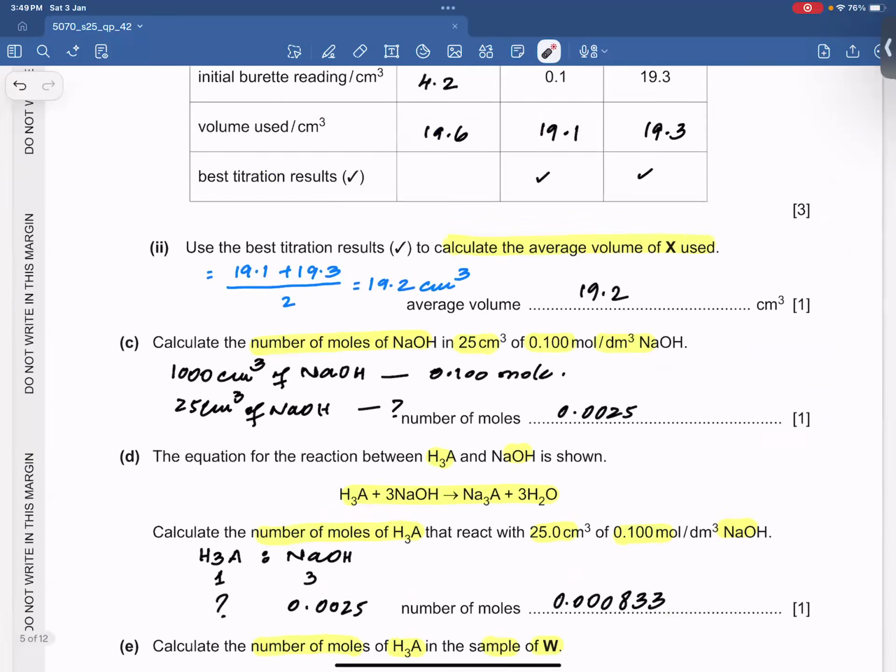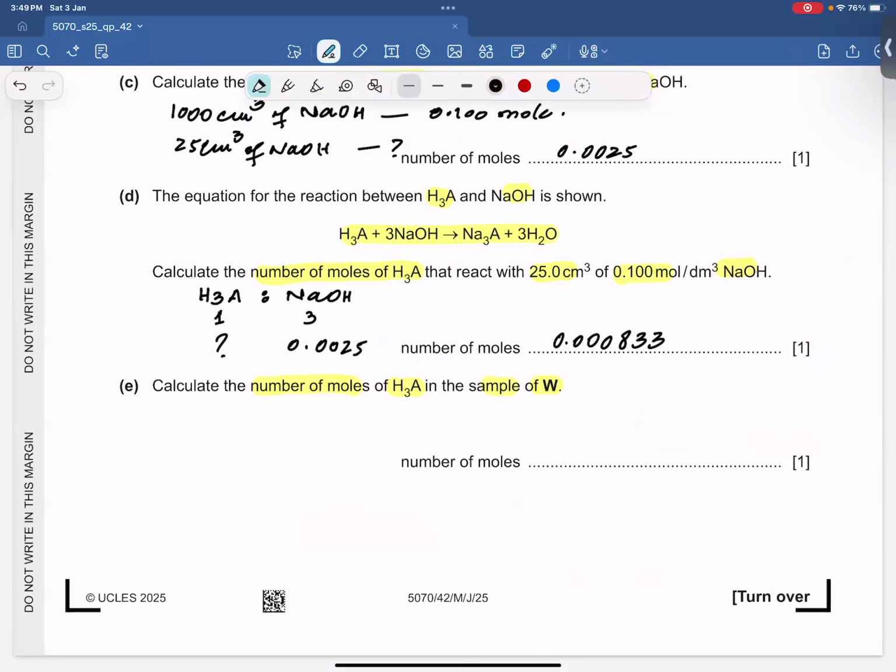Okay, let's check. 19.2 cm cube of H3A contain 0.000833 moles.